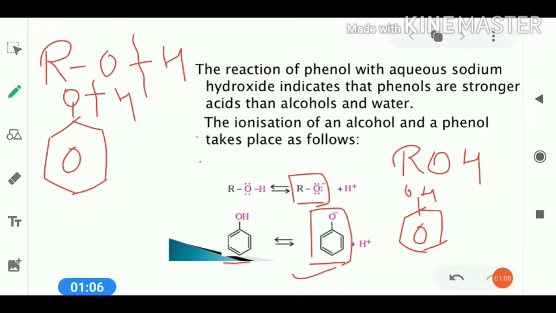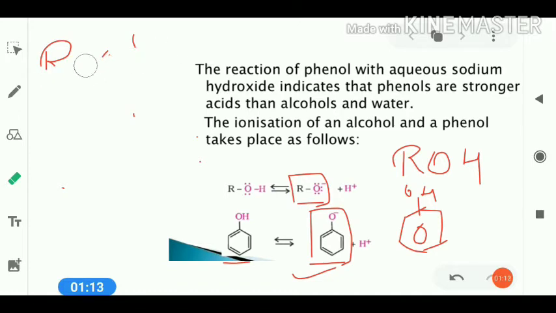This phenoxide ion gets stabilized by resonance. As I told you in the previous slide, resonating structures are possible for the phenoxide ion.